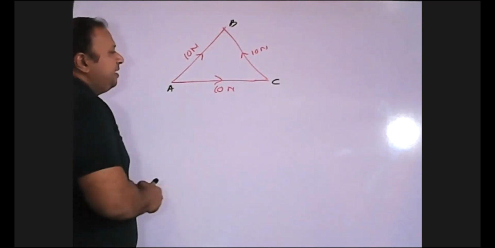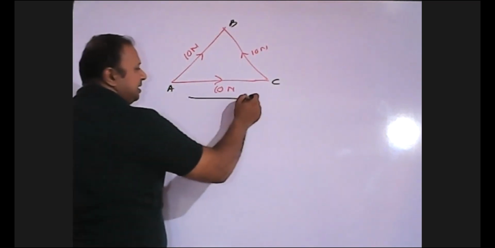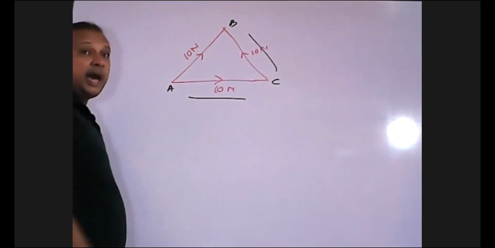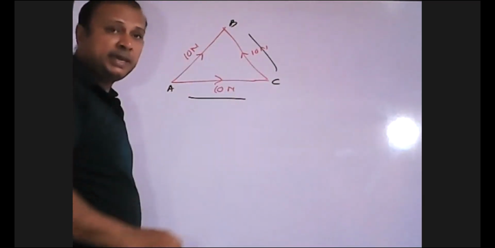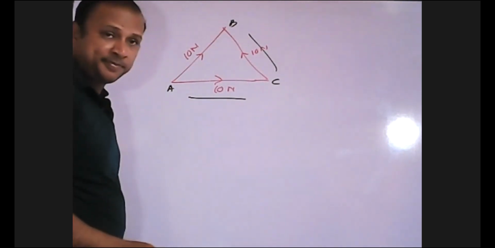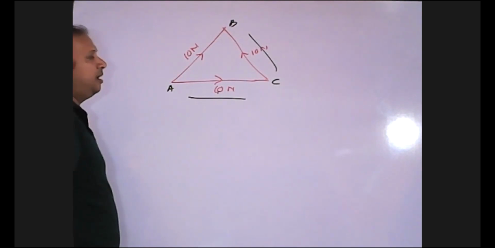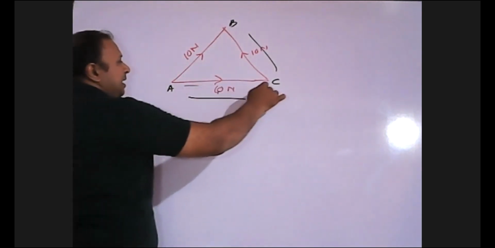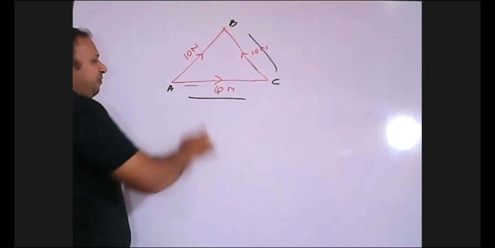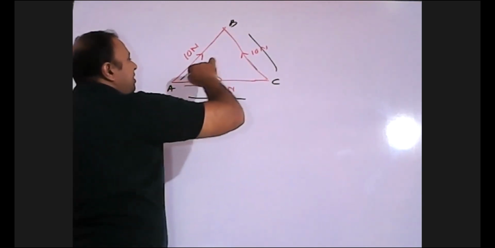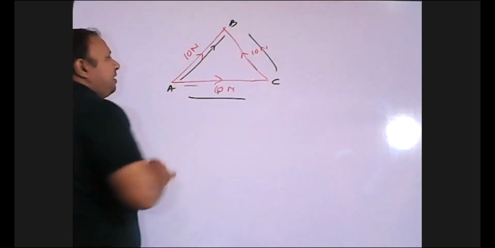If I apply the vector addition theorem, you can clearly see 10 Newton and this 10 Newton are in the same order, no? So we can add these two. If I add these two, the addition vector should be represented by AB.